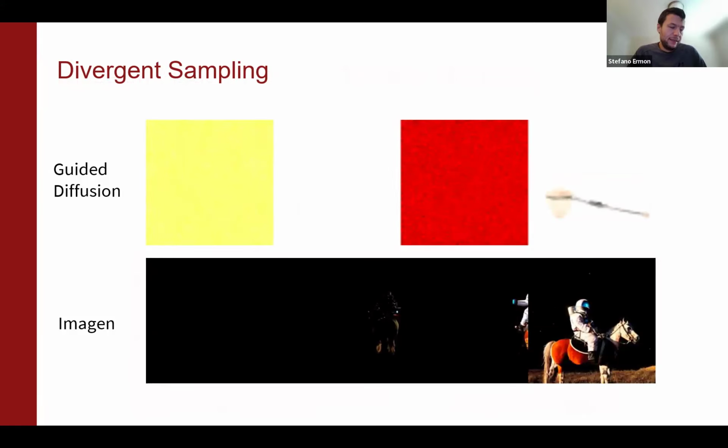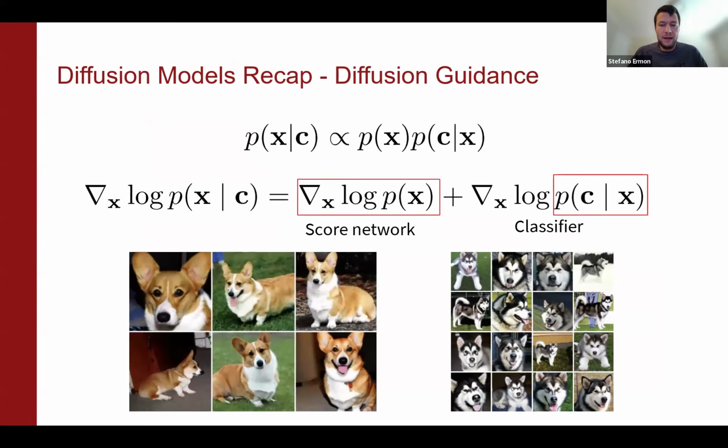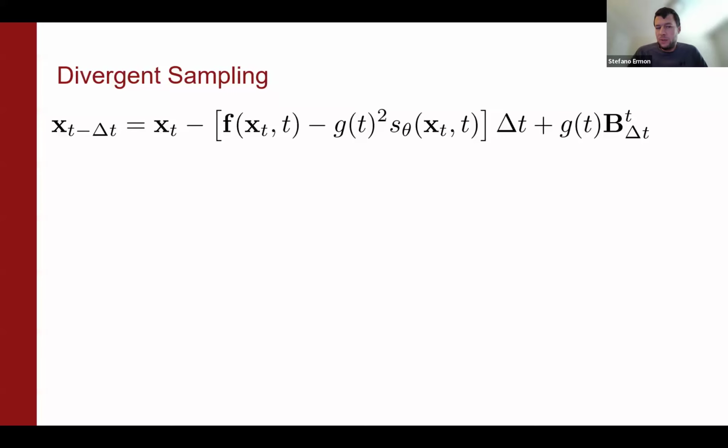Imagen is one of the diffusion models that was trained by Google. Sometimes the diffusion model produces these really bad samples if you just naively apply this kind of technique. And the reason is that there are approximations involved.